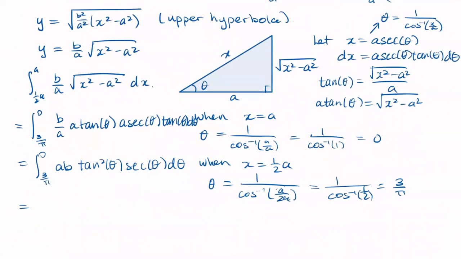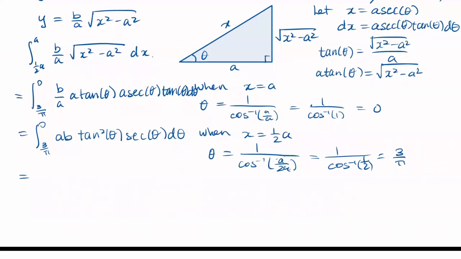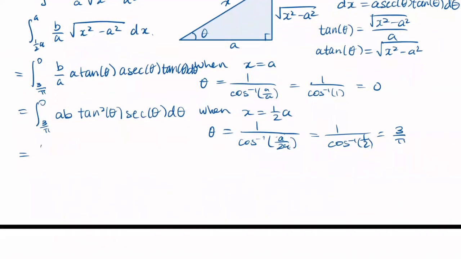So tan squared, I could also write this as the integral from 0 to pi divided by 3. I'll bring the constant ab to the outside. So this is also the same as saying, well, secant squared minus 1 of secant theta d theta.